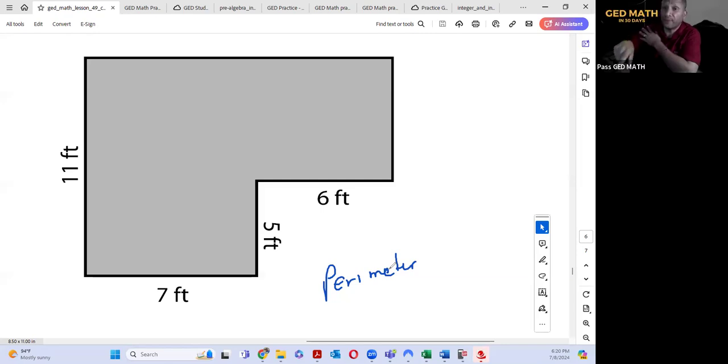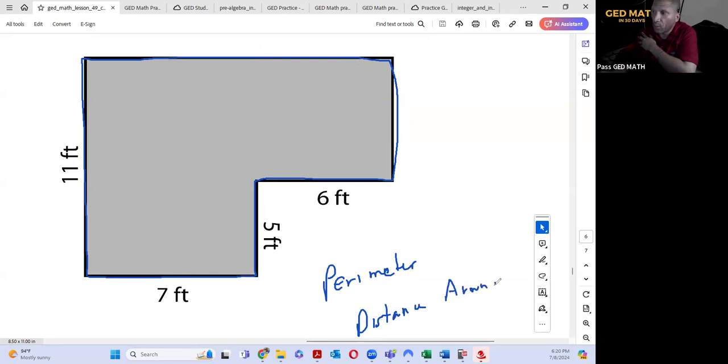Well, the perimeter is the distance around. So what we want to do is add all these sides together. Area is inside. Perimeter is the distance around.